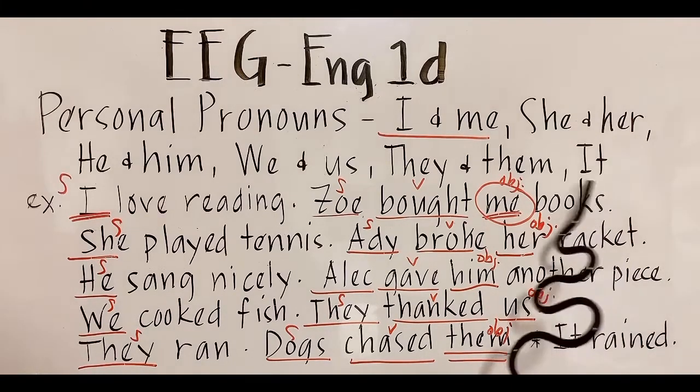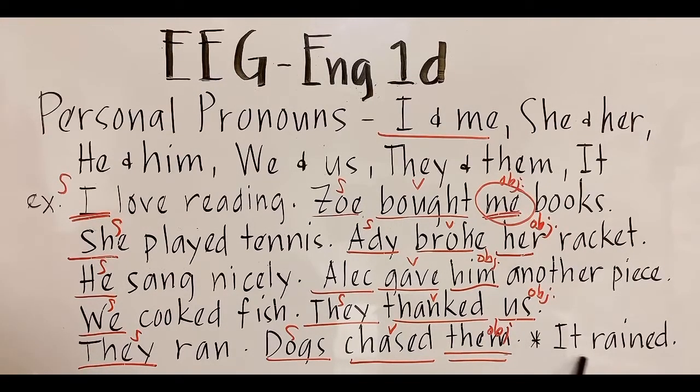Now let's go to it. There's just one example sentence here. It rained. It's a very simple sentence. What's the subject? It. So it is a subject pronoun. So we have used all the personal pronouns in the sentences.